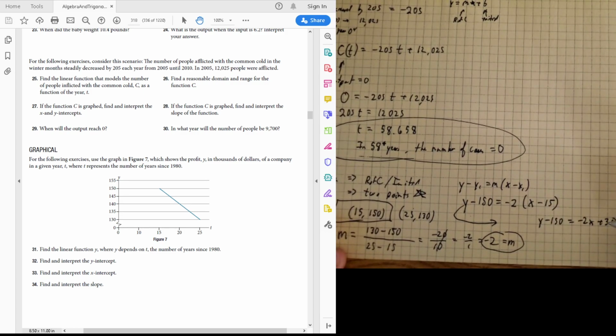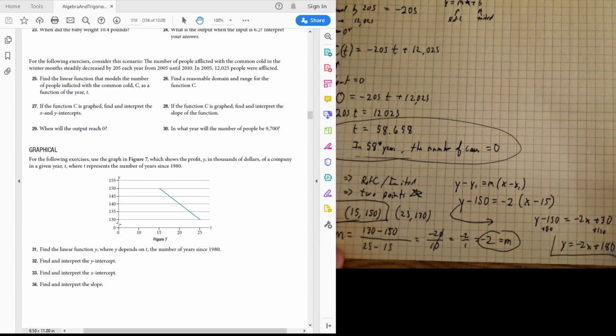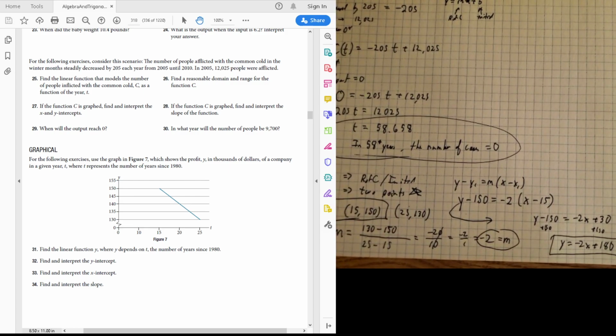Double negative makes it positive, and then 2 times 15 is 30. And then I'm going to add 150 to both sides. I get y equals negative 2x plus 180. And there's our function in terms of y as it requests. All right.